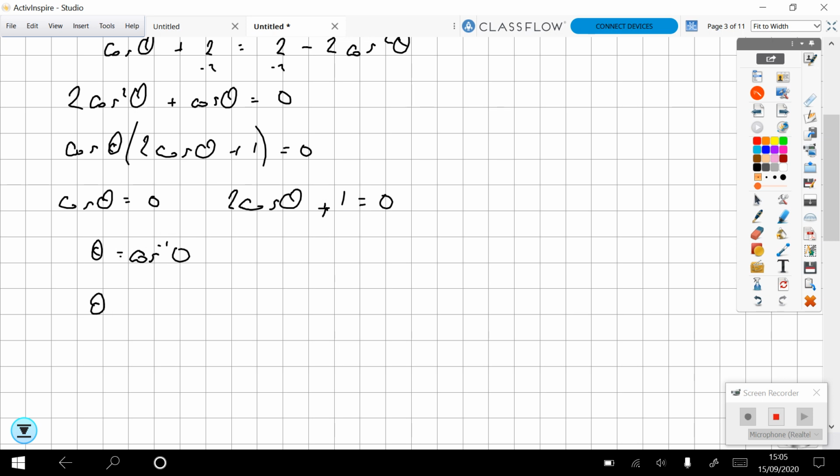Theta equals, the calculator gives us 90. And here, cos theta, subtract 1 off each side and divide through by 2 makes negative 1/2. So inverse cos of negative 1/2 gives me 120 degrees.